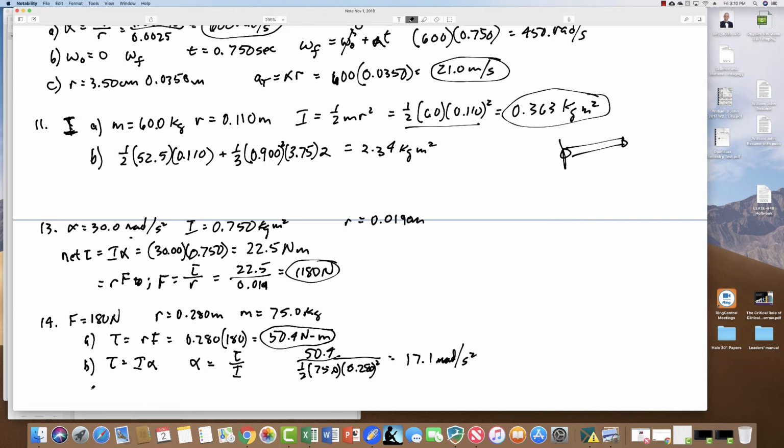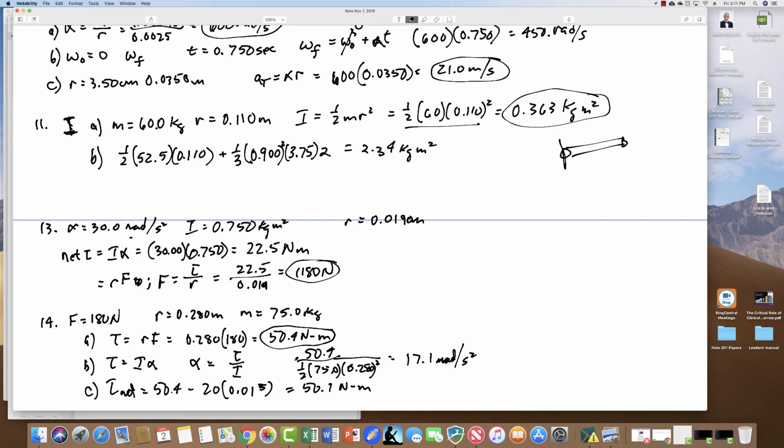And C says, what if you have a friction force? And the friction force is 20 newtons exerted at 1.5 centimeters from the axis. So the net torque is going to be equal to the torque exerted up here, so 50.4 minus 20 times 0.015, which is equal to 50.1 Newton meters.